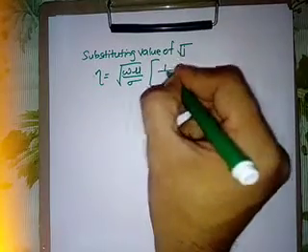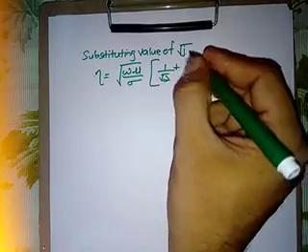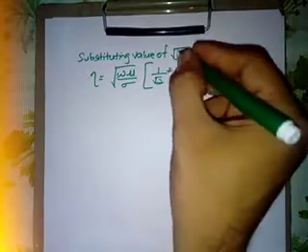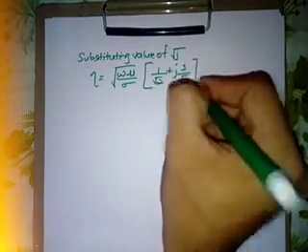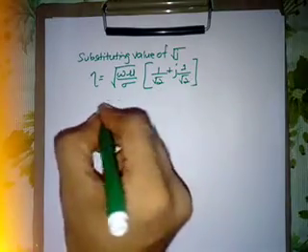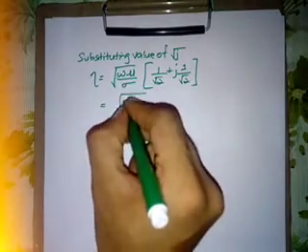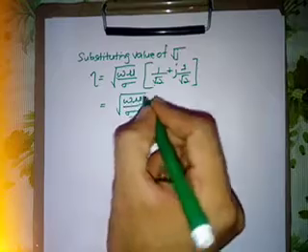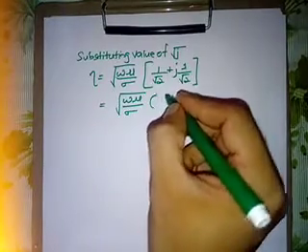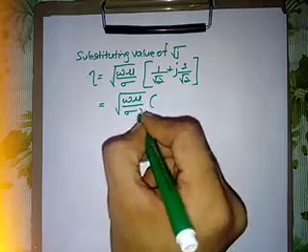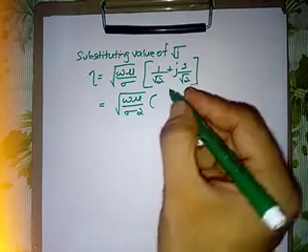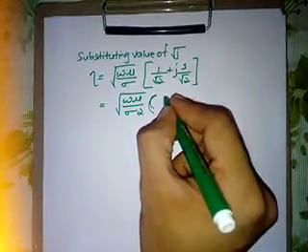So what is root j? 1 upon root 2 plus j into 1 upon root 2. So this is equal to the square root of omega mu by sigma into 1 upon root 2 into 1 plus j. The root 2 I will take inside, so it will be 2 into sigma, into 1 plus j.